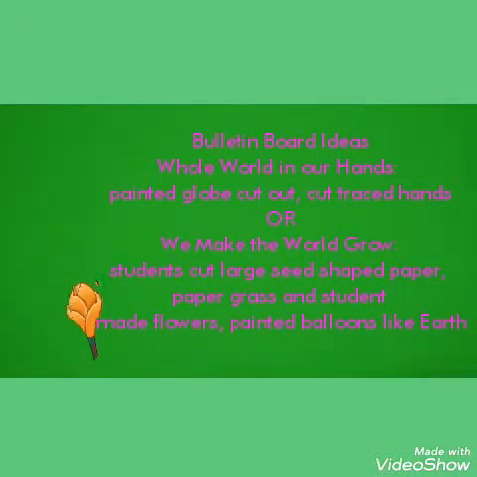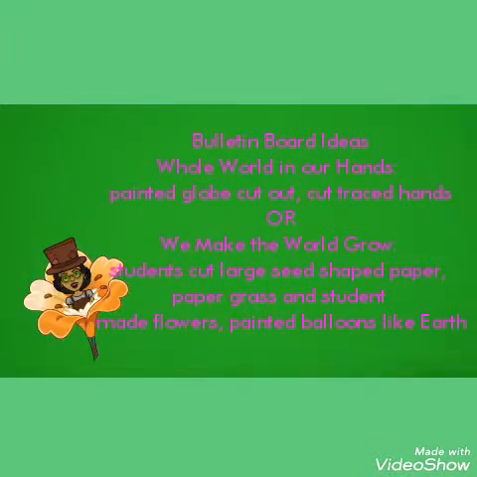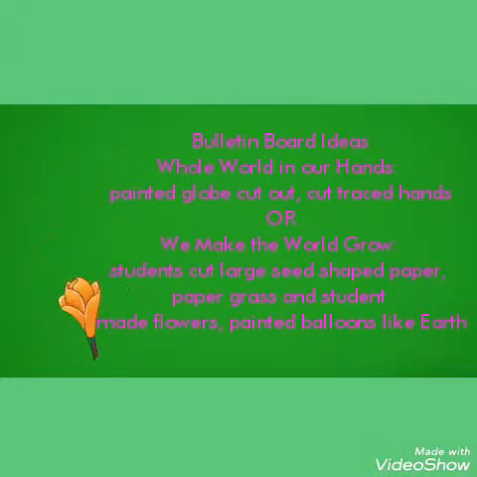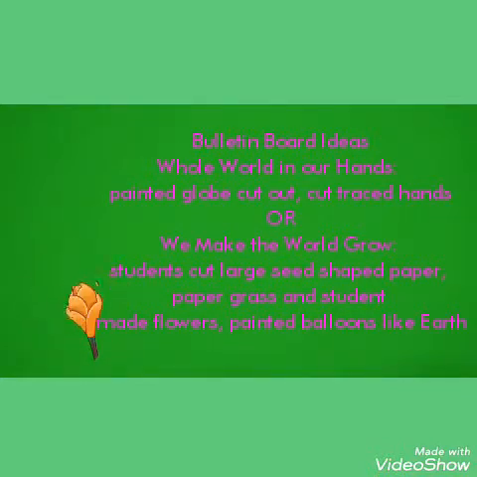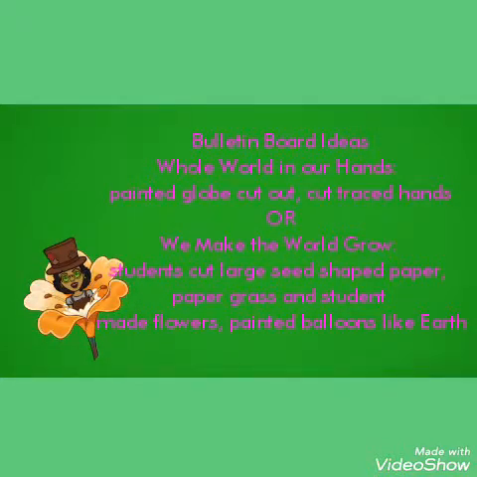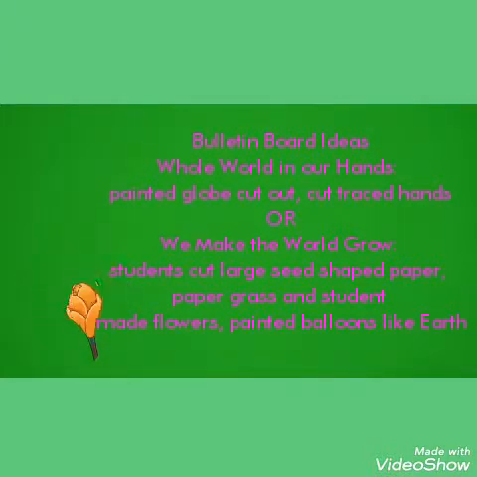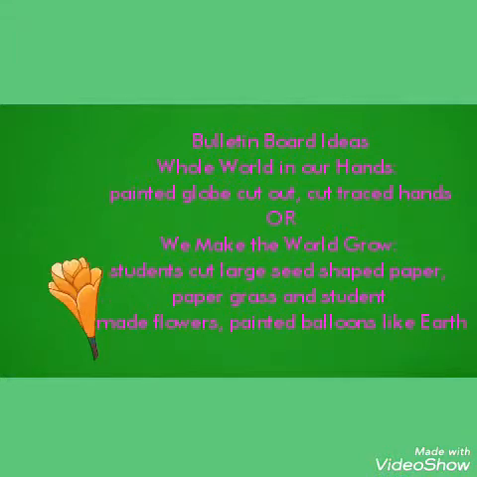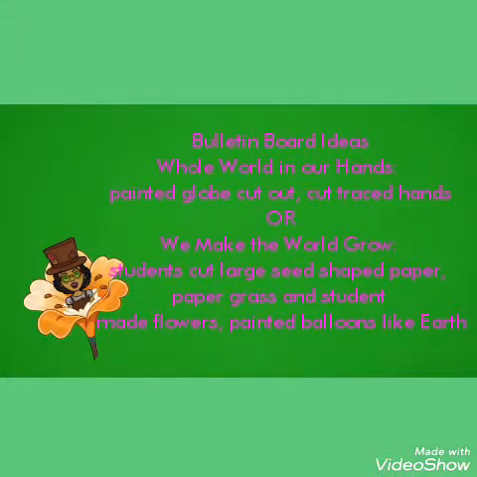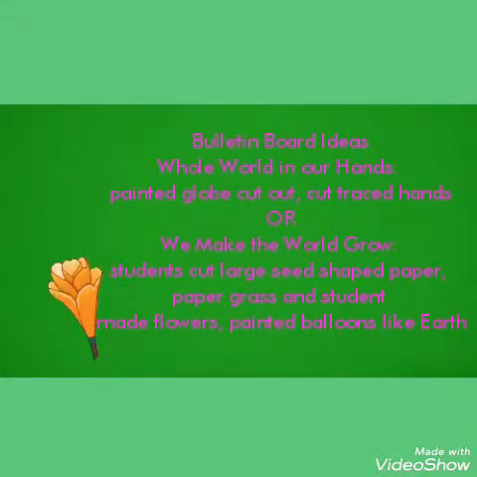Attach flowers that the students may have made during art or craft time freely, and attach those above the seeds, and then have some small balloons that you've blown up, not to full capacity or in different capacities, and have them paint those looking like the globe, and have those attached and streaming up from little strings as if they're earth balloons. So that's two different ways that you can do an Earth Day bulletin board and also have the children's input on ways that they can care for the earth.